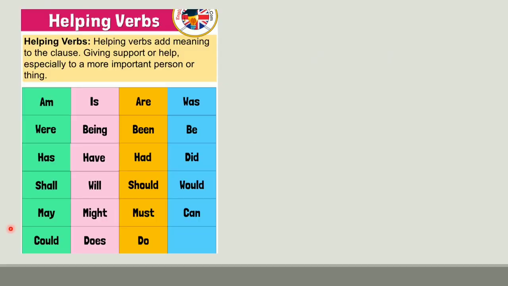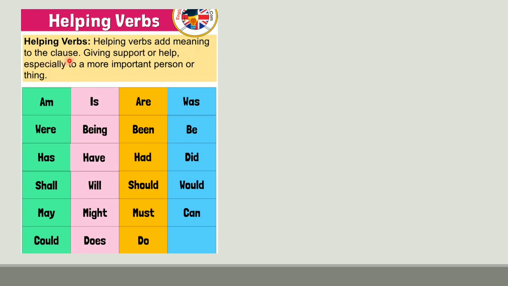Okay, now let's look at this chart here, children. We know what action words or verbs are. There are some words that help these action words or verbs, and that is why they are called helping verbs. Helping verbs add meaning to the clause.